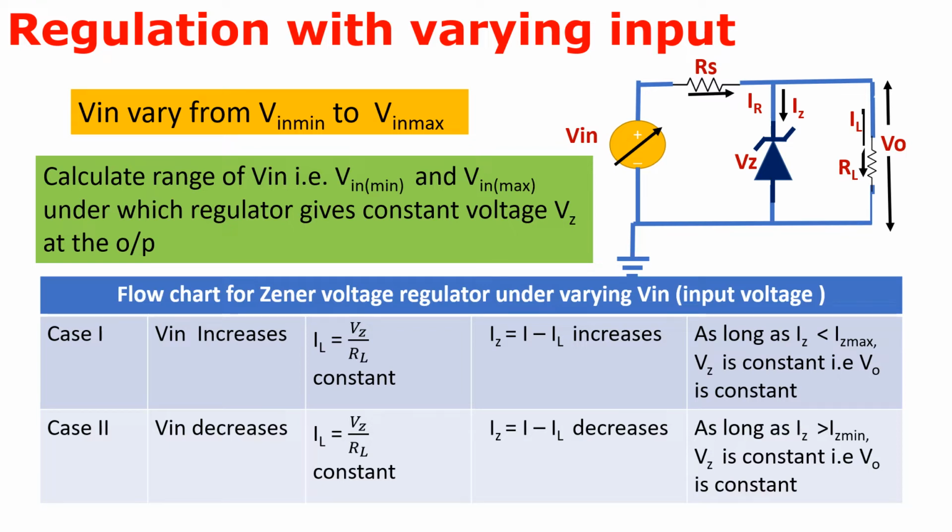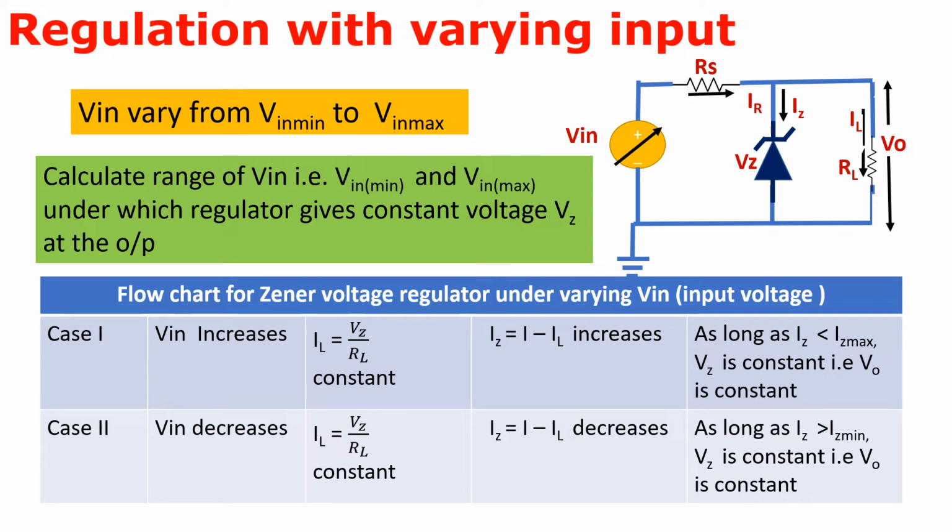In the second case, if V in is decreasing, IL is constant, Iz will decrease. Why? Because as V in is small, the current through Rs will be small, because it is V in minus Vz upon Rs. V in is changing and it is small, so the result will be small.